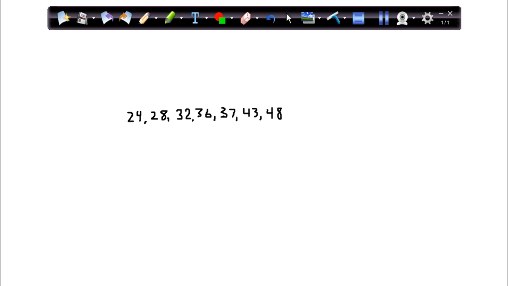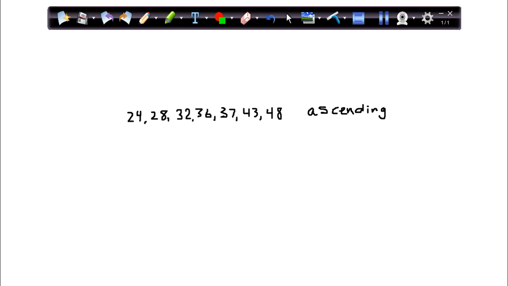Okay, so we arrange the values by size from lowest to greatest, ascending order. Because if we arrange them 48 to 24, that's descending. So 24 to 48, ascending order.